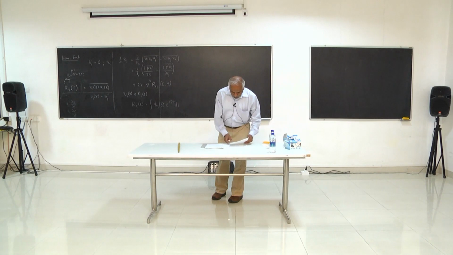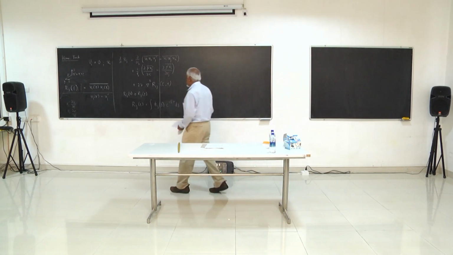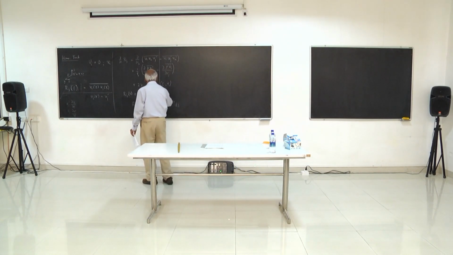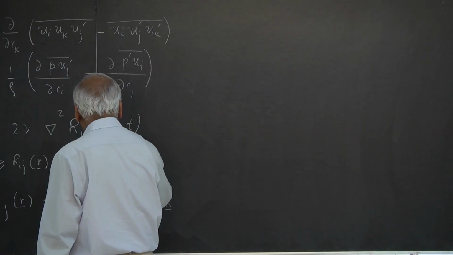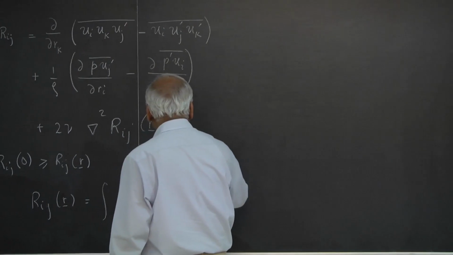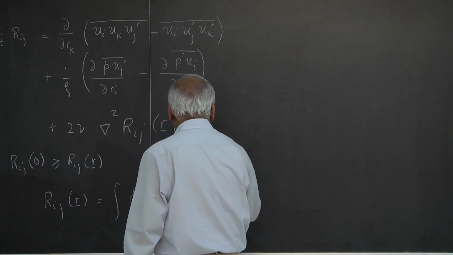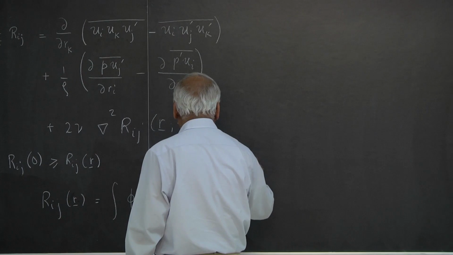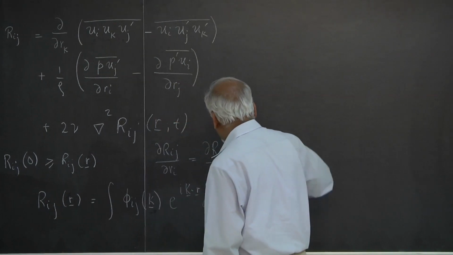Now there are other things you should know. For example, d Rij by d ri, which is equal to d Rij by d rj, is equal to 0. Now, how is that 0?